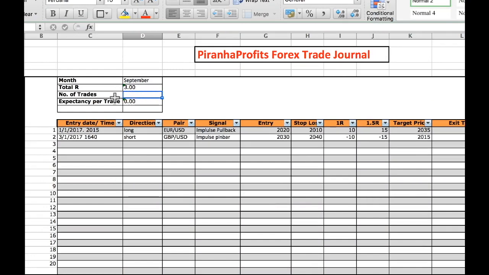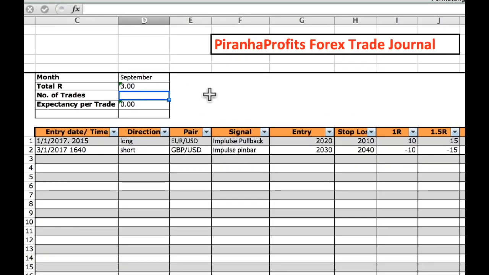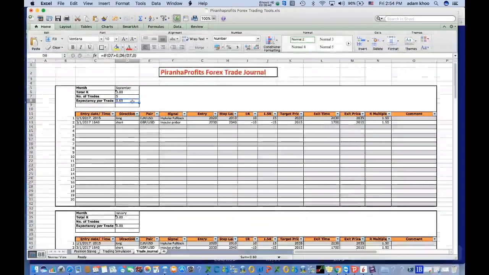You're going to key in the number of trades, right? So let's say you get 3 R out of 5 trades. So your expectancy is 0.6, right? Your expected profit per trade is your total R divided by the number of trades. So that means on average, each trade you get 0.6. Make sense? Okay.